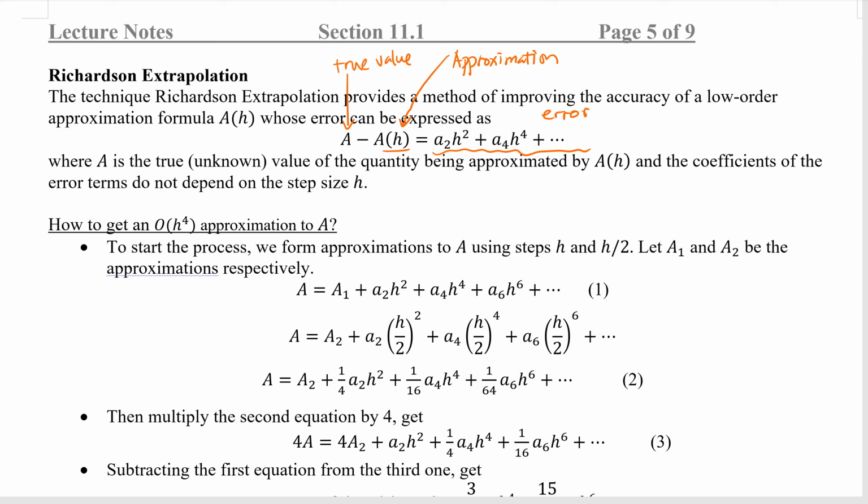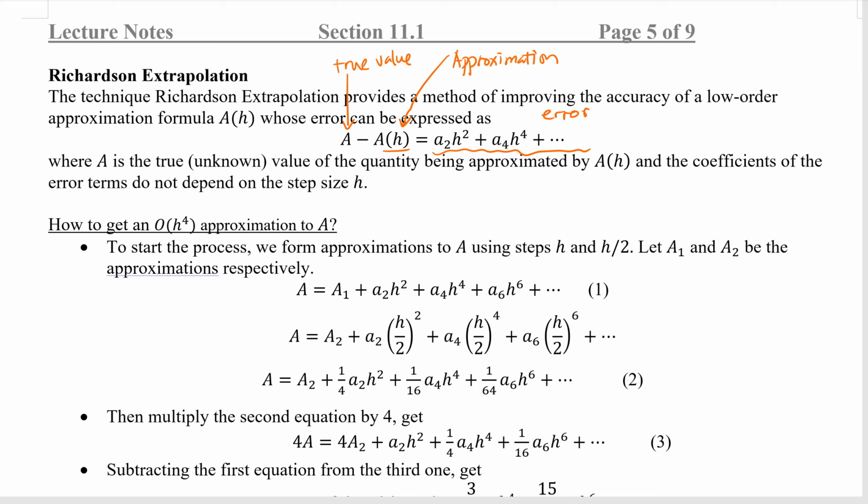Okay, and you can see the errors are even powers of h. Those coefficients of the error terms, a2, a4, don't depend on the step size h. For example, do you remember, to approximate the first derivative, we have the 2 point forward formula, the 2 point backward formula, and the 2 point central formula.